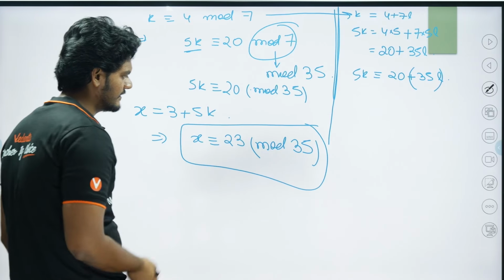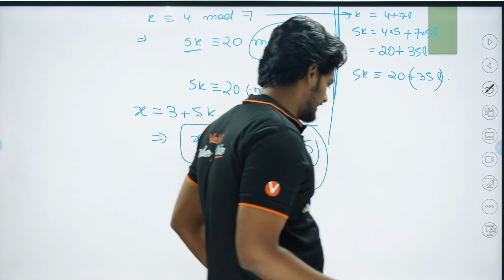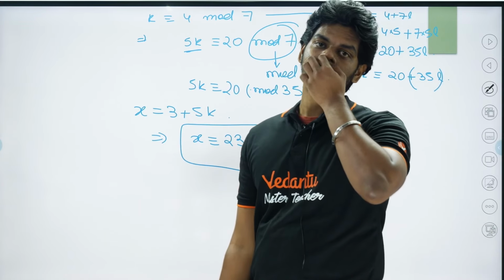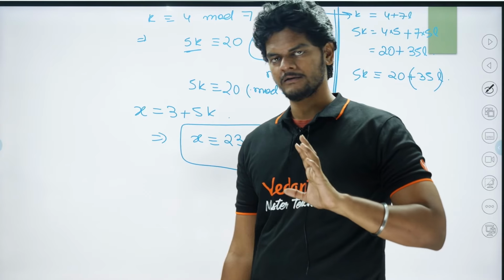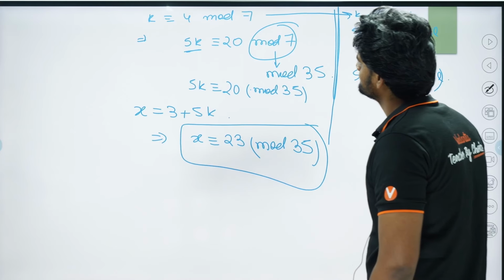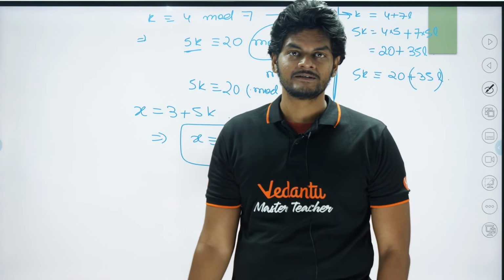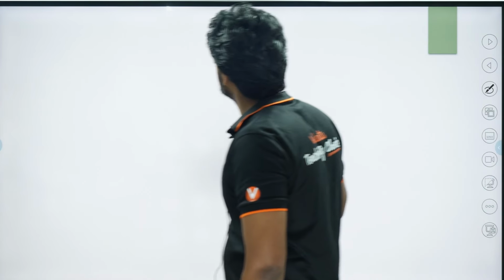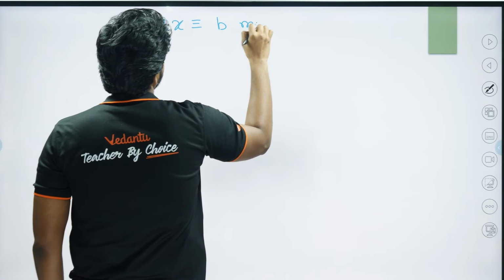And less than 35, there is only one solution, which is 23. So that's what Chinese remainder theorem tells you, that there will be a unique solution whenever the GCD of the modular numbers is 1. So yeah, that's all I wanted to cover. So let me know if you found that very useful. And I want to remind you of something, that ax is congruent to b mod n.